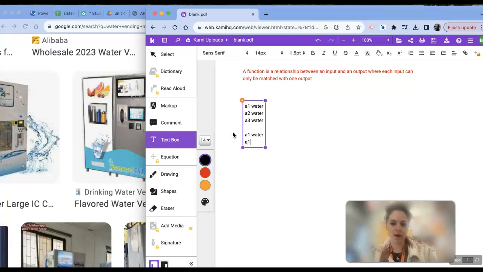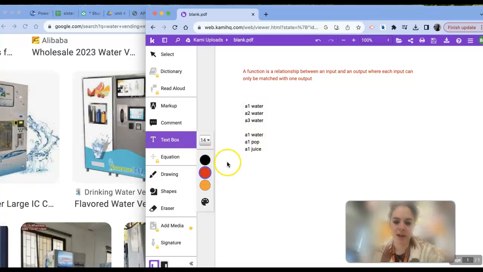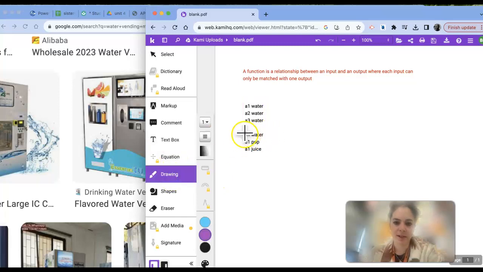If I press A1 again, and then I get pop, and then if I press A1 again and I get juice, that would not be a working machine, right? This would be an example that doesn't work. If I press A1 every single time, I have to get the same output. If I press A1 and get water, the next person who comes up behind me presses A1, they should also get water.